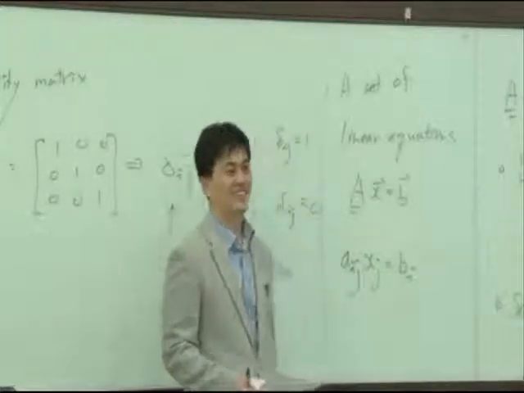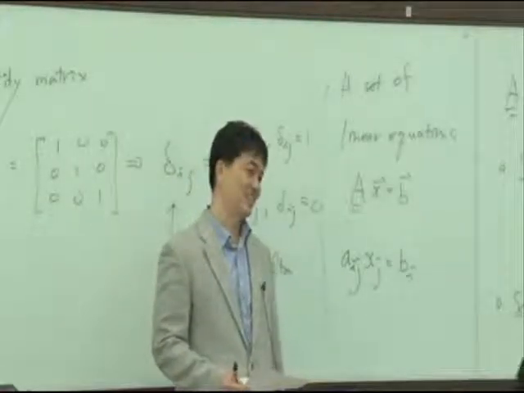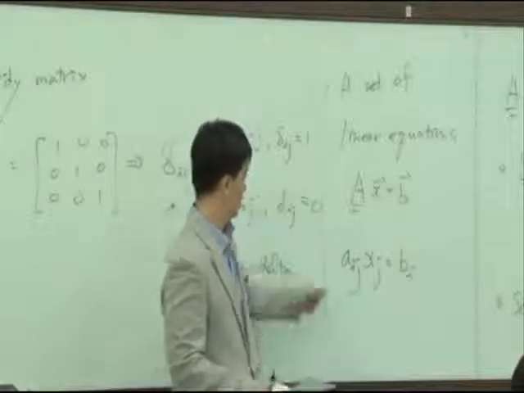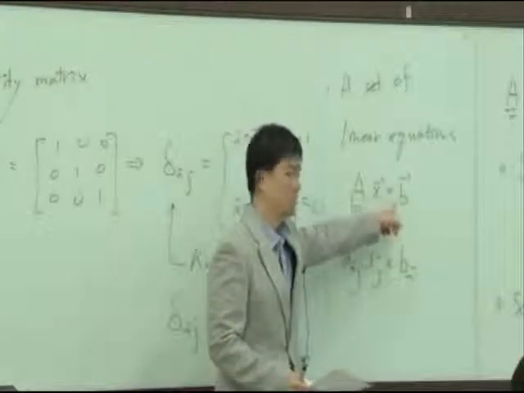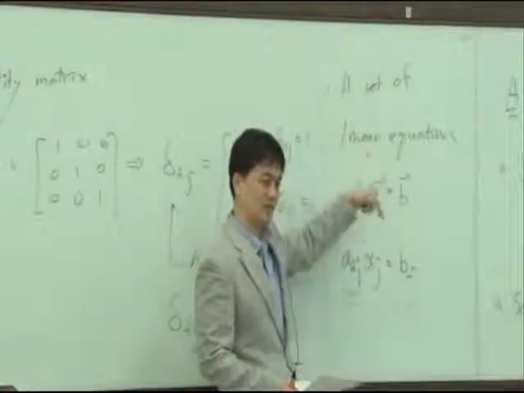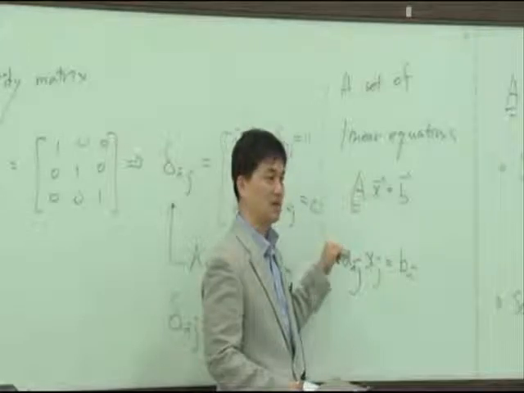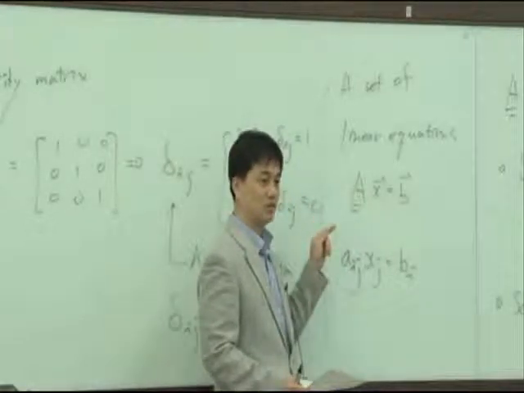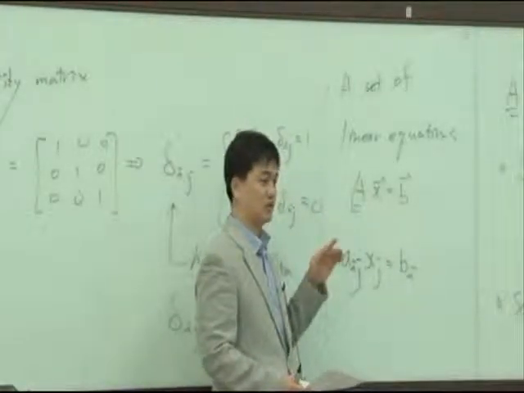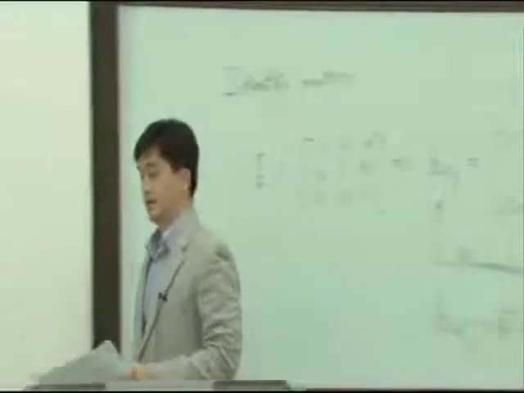Yes, 3. These are 3 equations, because matrix B has only 3 components, and x has 3 components. So when i equals 1, it gives us the first equation, 2 the second equation, 3 the third equation. That's it.